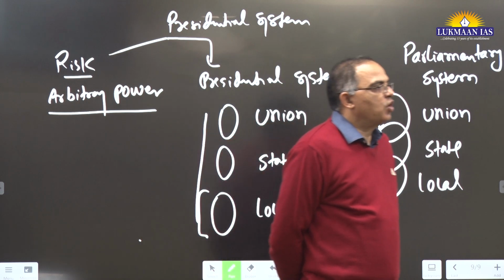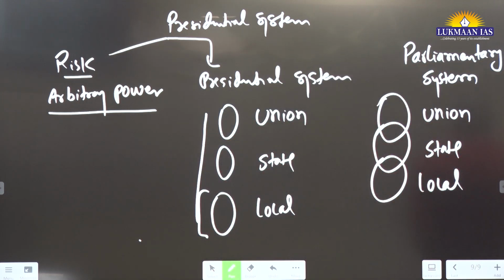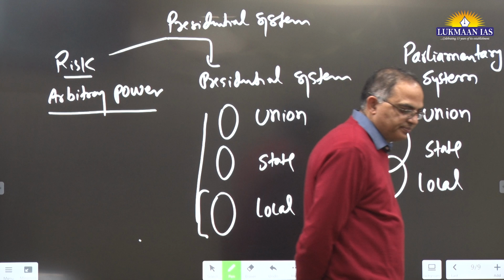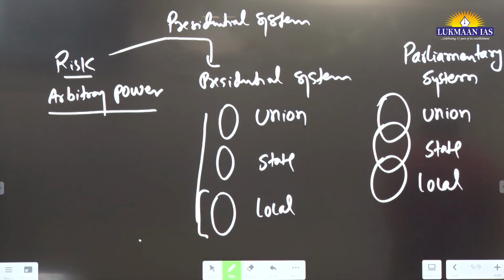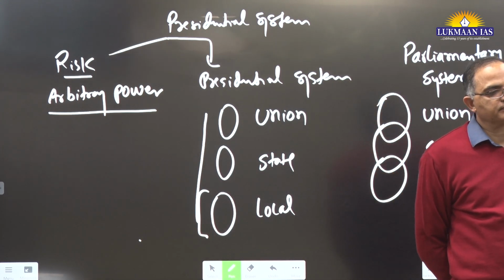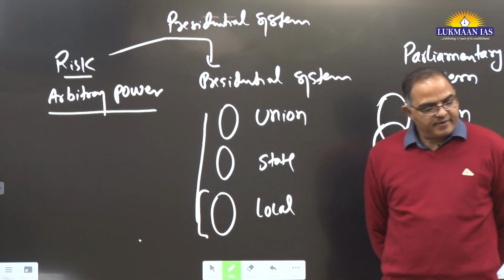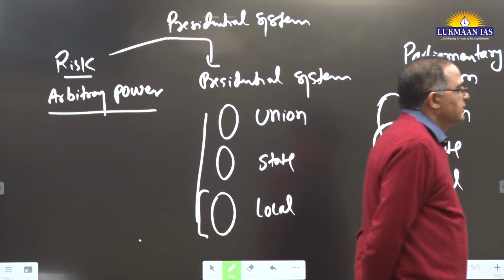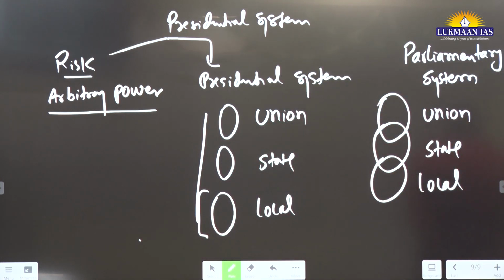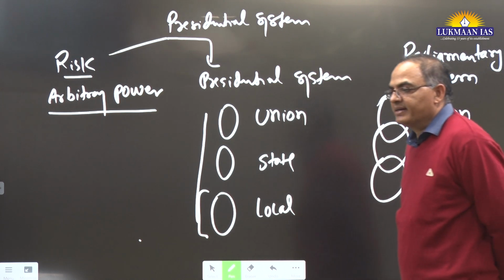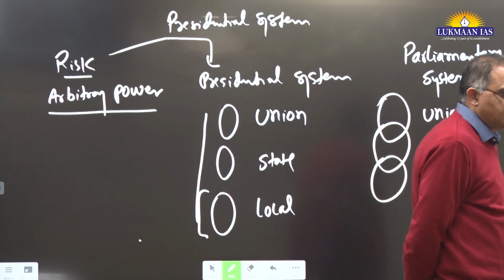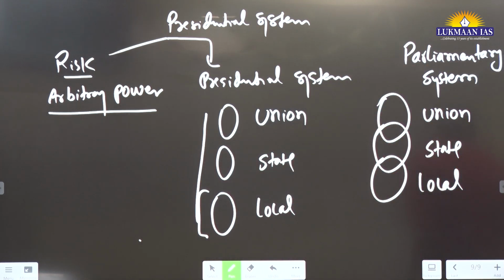Next, leaders are competent people, as they are directly elected, including mayors. Next, it does not have practices like, first, criminalization of politics.